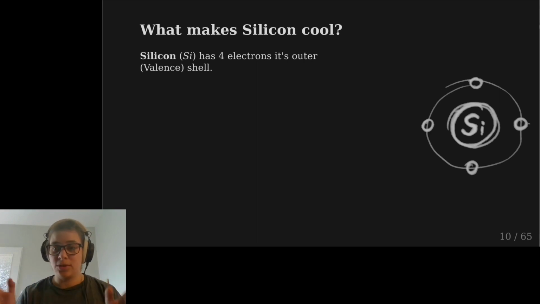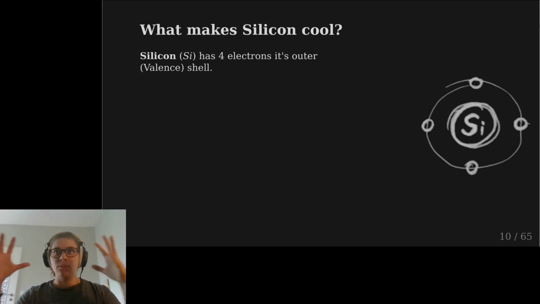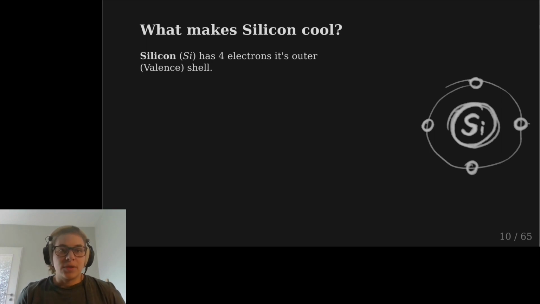For this, we need to go down to the chemical molecular level. The element silicon has 4 electrons in its outer shell. The outer shell is called the valence shell, and the valence shell usually tries to hold up to 8 electrons. That's when the shell is saturated, it's full, and silicon has 4.